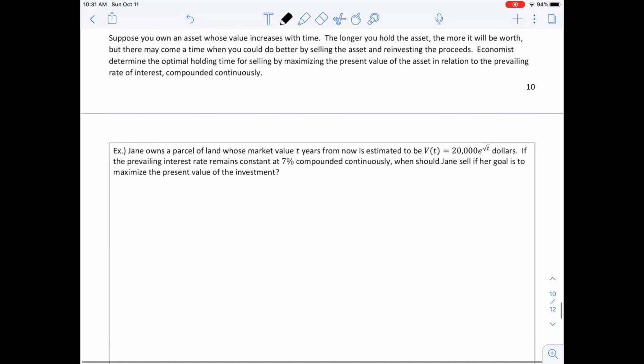Right below this, it says, suppose you own an asset whose value increases with time. The longer you hold on to the asset, the more it will be worth. But there may come a time when you can do better by selling the asset and reinvesting the proceeds. Economists determine the optimal holding time for selling by maximizing the present value of the asset in relation to the prevailing rate of interest, compounded continuously.